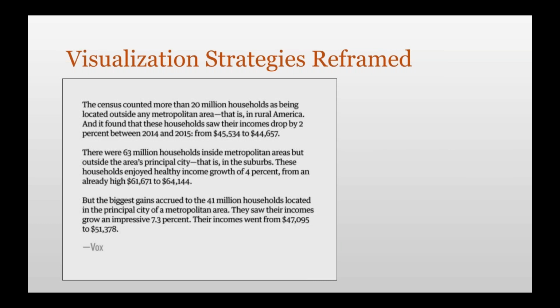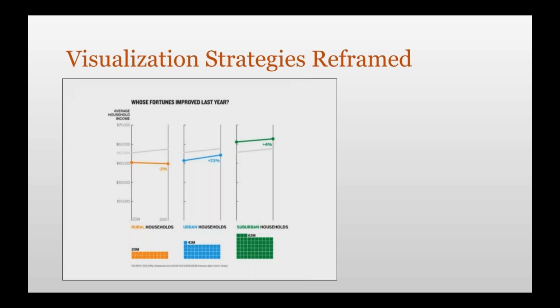But perhaps you're trying to show that something increased by X amount over the past 10 years, and it's less important what the volatility was during those 10 years, and what's more important is just where you started out and where you ended up. And that you could see here.